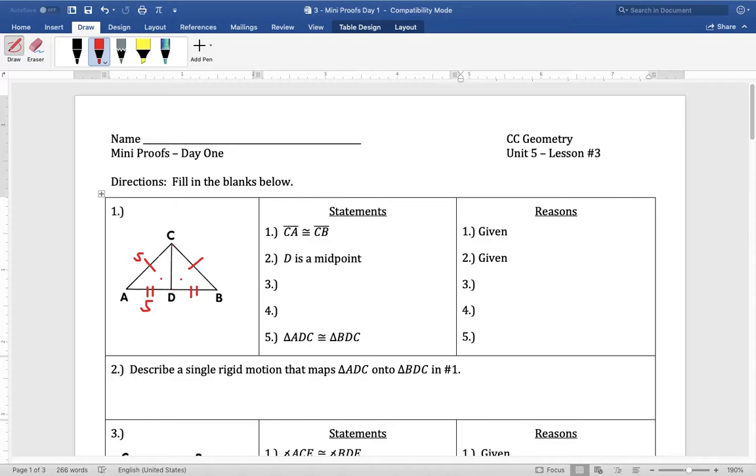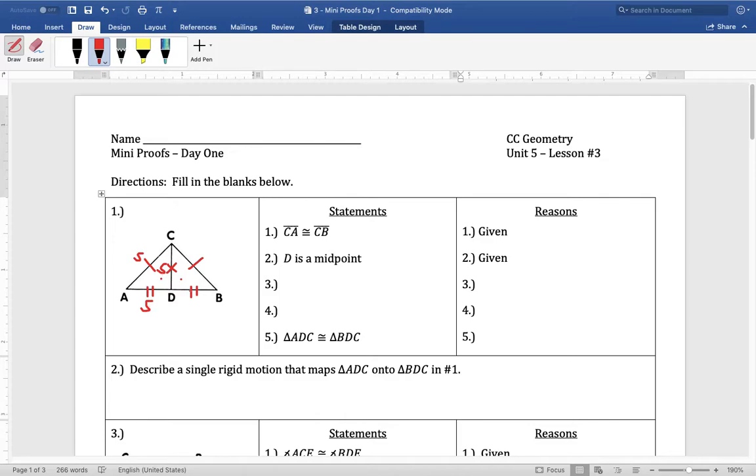There's no doubt that CD is the same length to the triangle on the left as it is on the right. This is called a reflexive piece. And you're going to see me write the word reflexive in, and that's what that means. Reflexive means CD is really congruent to itself. This will give us the 3rd side of our triangle. And now that we have everything labeled, we could see that these 2 triangles are congruent by something we call side-side-side congruence.